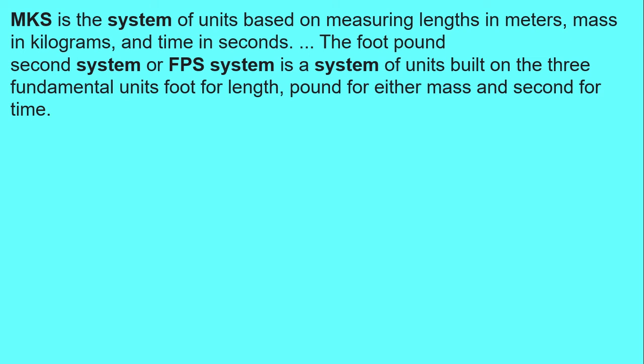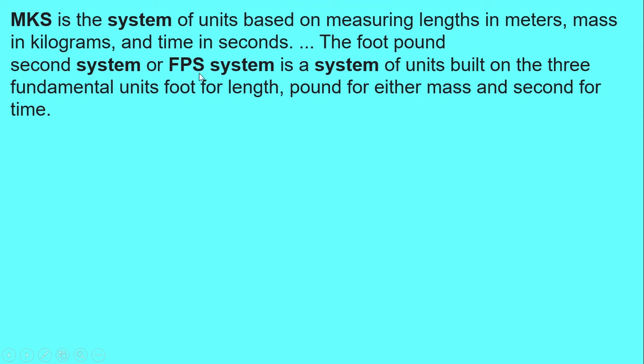At first you have to know what the MKS system is and what the FPS system is. MKS is the system of units based on measuring length in meter, mass in kilogram, and time in second. MKS means meter, kilogram, second. And FPS means foot, pound, second.